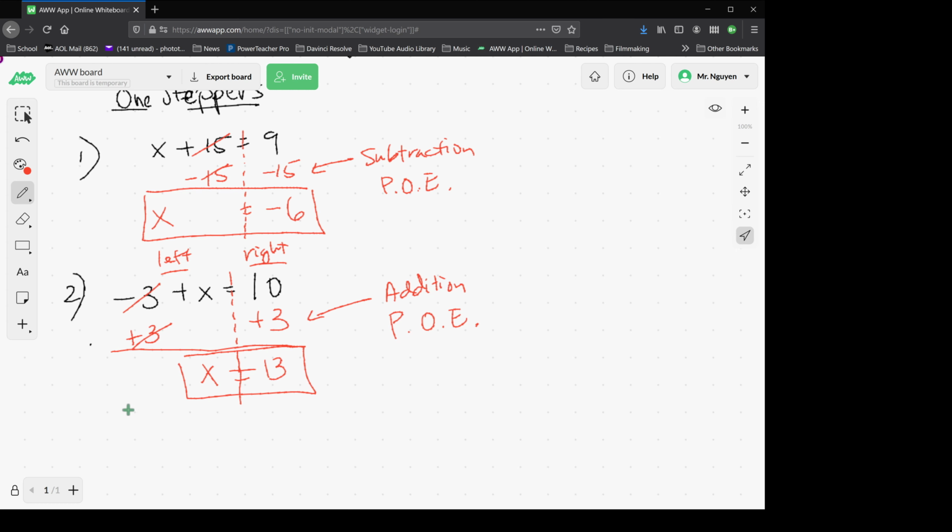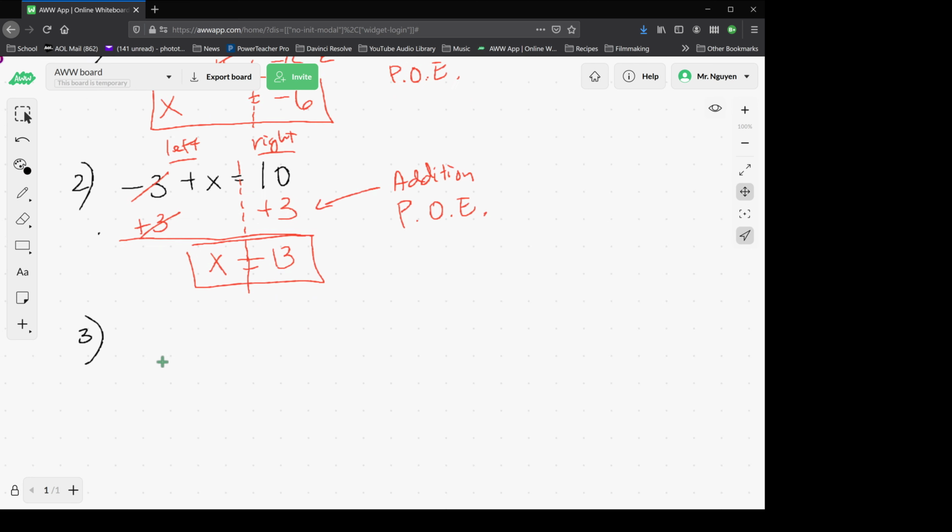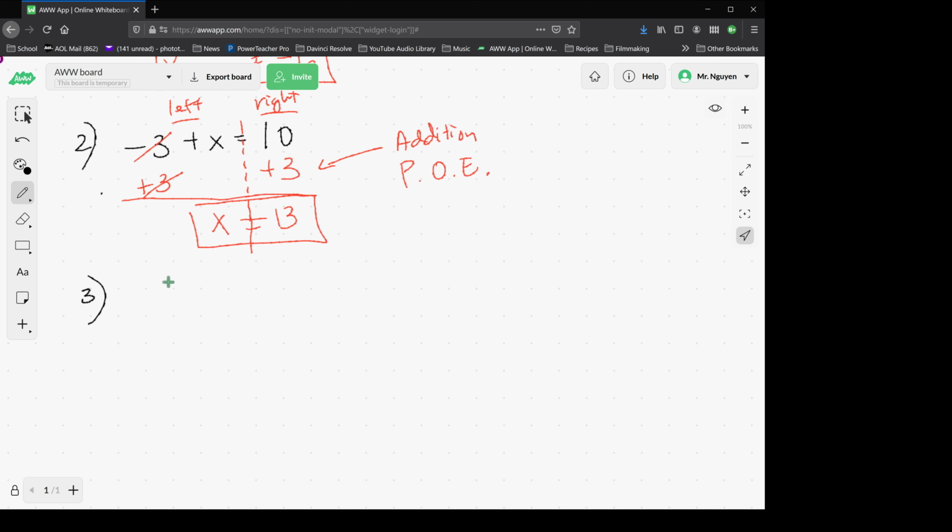Now we have another one. Number 3. This one, let's do negative 8x is equal to negative 32. Now, notice that this is unlike the other two.